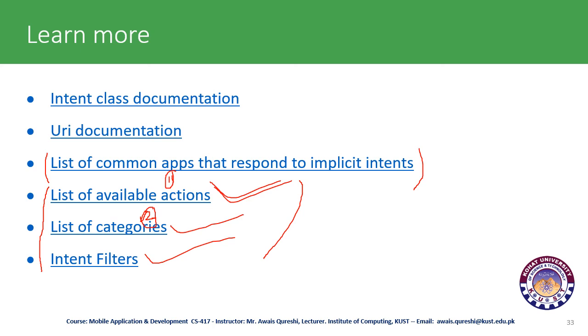So when you use intents, implicit or explicit, you always specify actions, you always specify a category, and you always include some rules, some conditions, and those conditions are called intent filters.